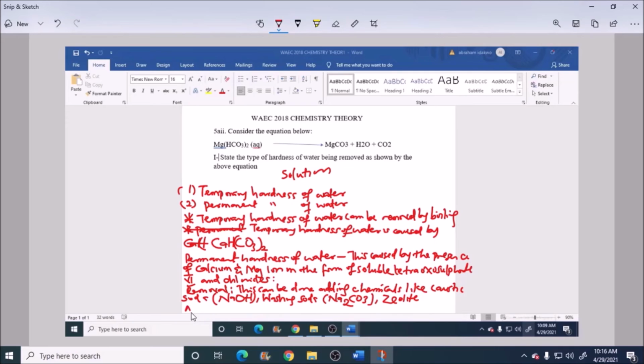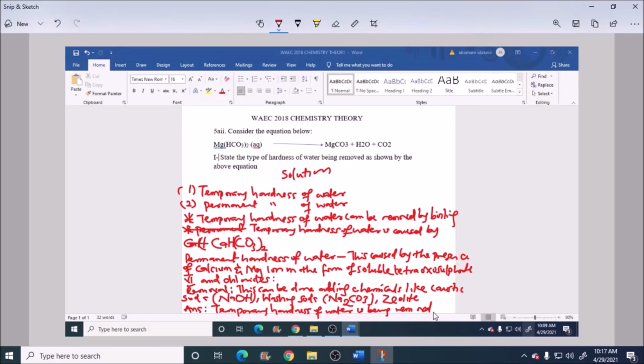So the answer to the question is that temporary hardness of water is being removed. So that is our answer. So it is the temporary hardness of water that is being removed as shown in the equation above. So that is the answer to the question asked in 5a Roman figure 2.